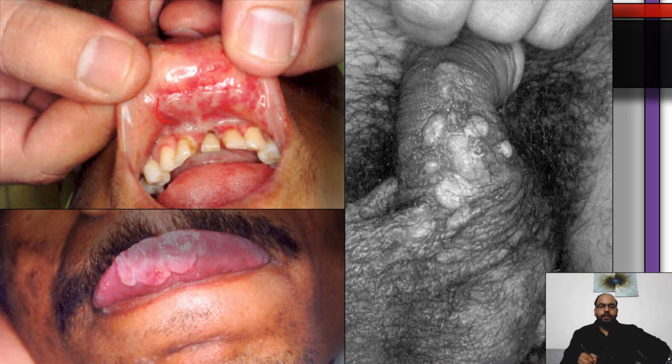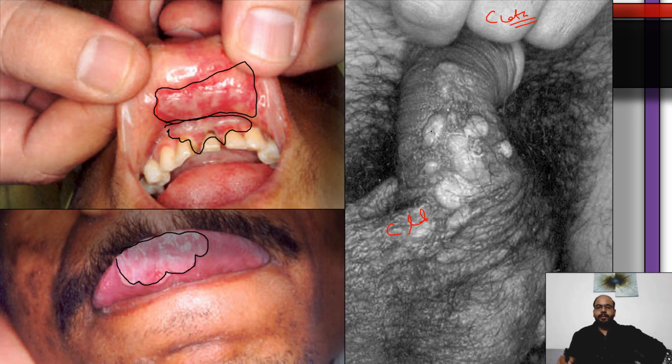So, here we can see involvement of the mucosa, the superficial erosions. In fact, in this patient, the gums are also involved. And look at this raised flat area, somewhat slightly verrucous. And this is the same image of C. lata, because C. lata can also occur on the mucosal surfaces.